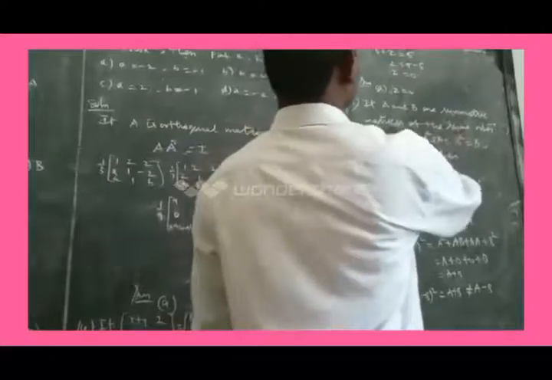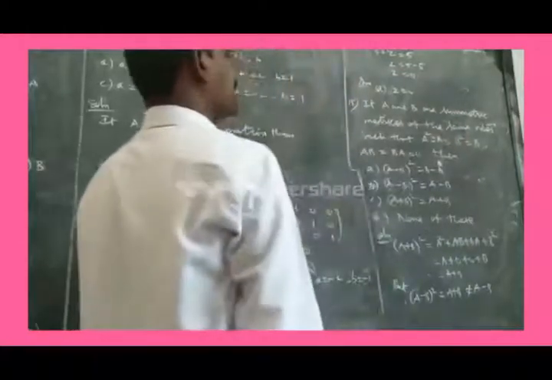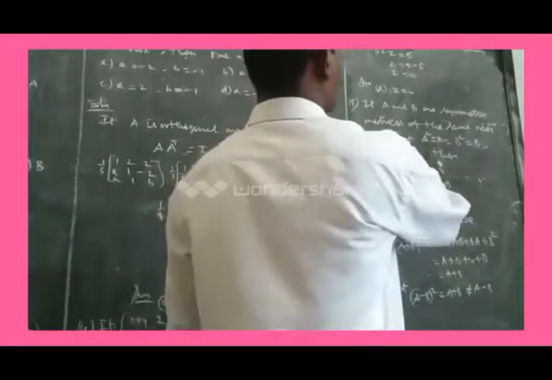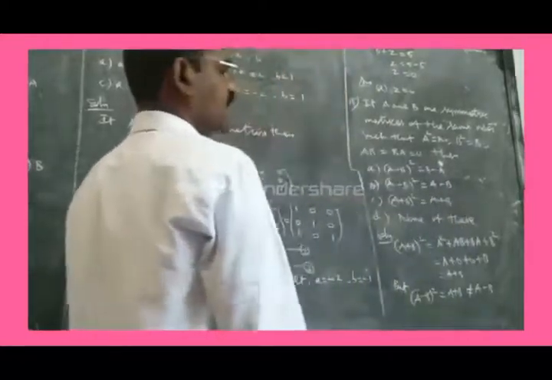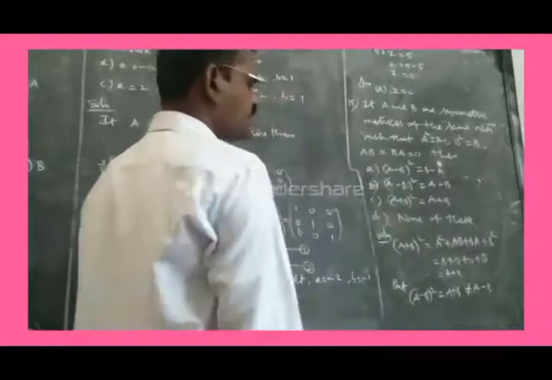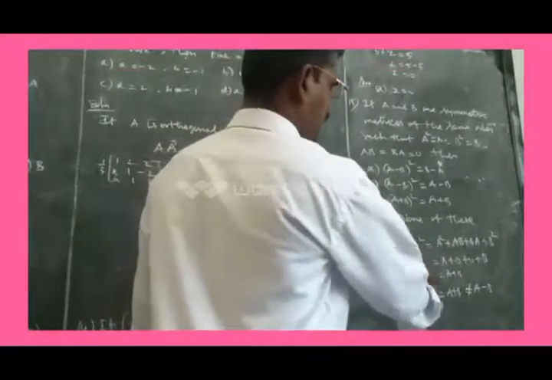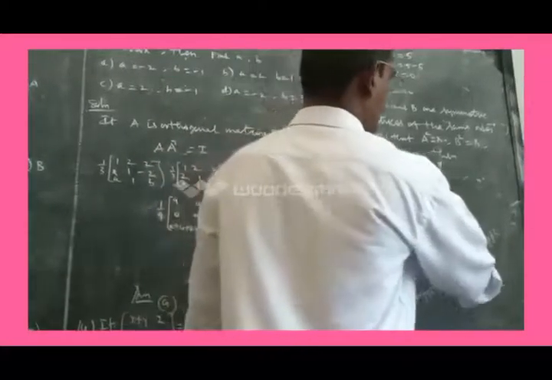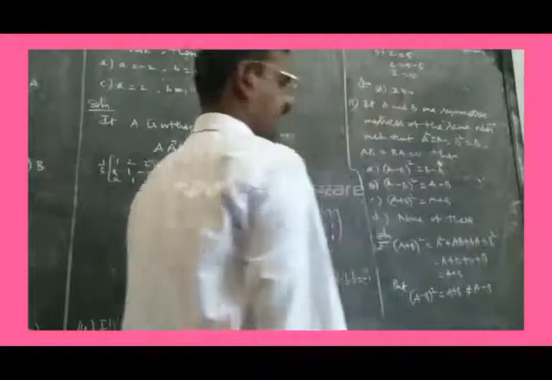If A and B are symmetric matrices of the same order such that A square equal to A, B square equal to B, AB equal to BA equal to 0, then option A, option B, option C, option D. So let A plus B whole square equal to A square plus AB plus BA plus B square.